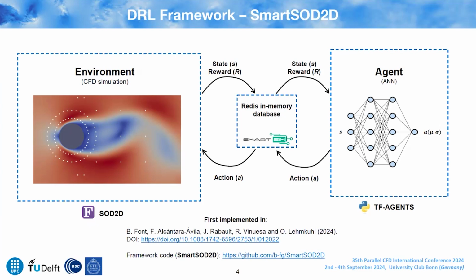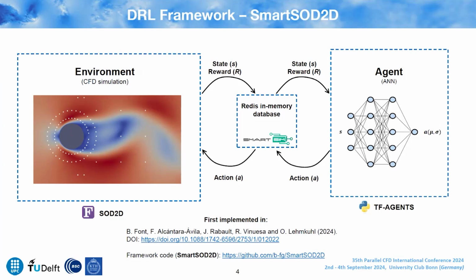This framework was first implemented by my colleagues Bernat, Fran, Jan, Ricardo, and Oriol in this work in which they managed to reduce a separation bubble in a turbulent boundary layer. The whole framework that couples the solver with this Python library is called SmartSOT. It's open source, so you can go and check it.